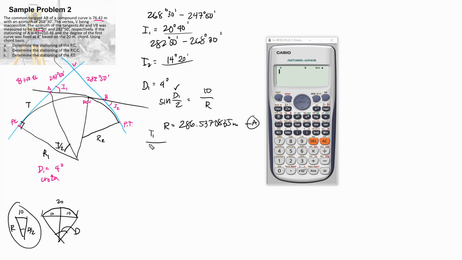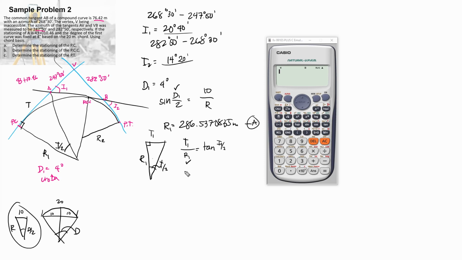So, dapat siya ay ganyan. Dito tayo perpendicular, kasi dapat tangent yung gagamitin. So, I over 2, we have opposite over adjacent. So, that is tangent theta. So, yung T1 natin, unknown, R1 is eto na siya. Tangent I over 2, so I sub 1 over 2 is 20 degrees 40.